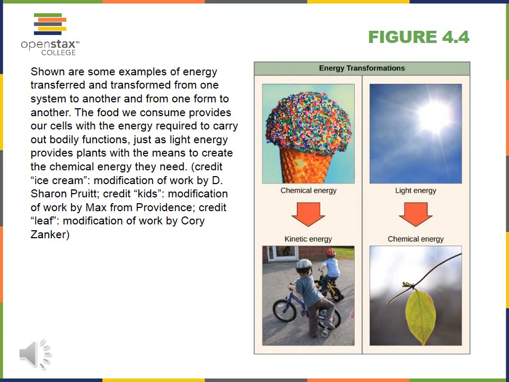Chemical energy can then be used to form other molecules, let's say lipids, that would be the fat content of this ice cream. The bonds of those molecules you'll gain energy from once those bonds are broken. So once you've licked at the ice cream cone, you've broken a few bonds and you've gained a minuscule amount of energy from your ice cream.